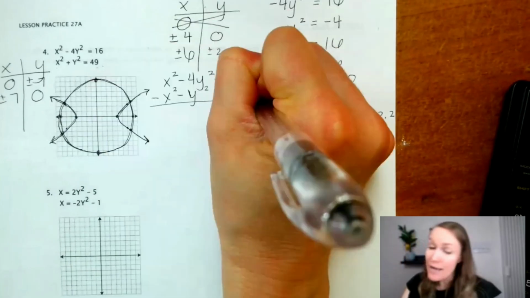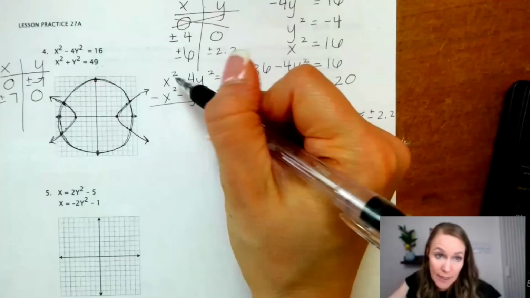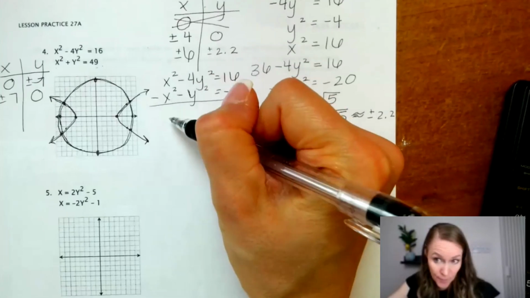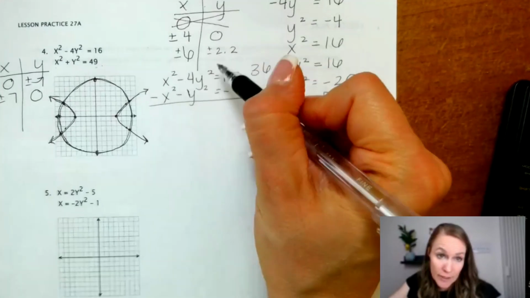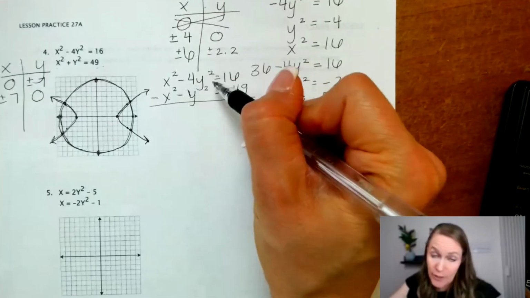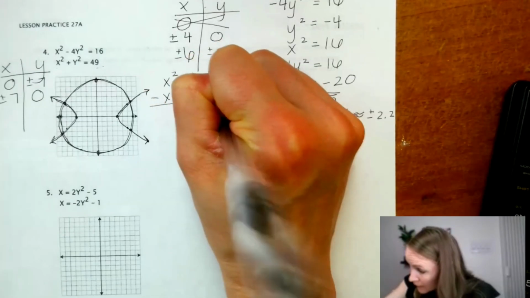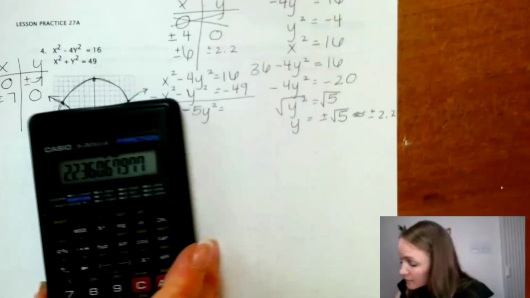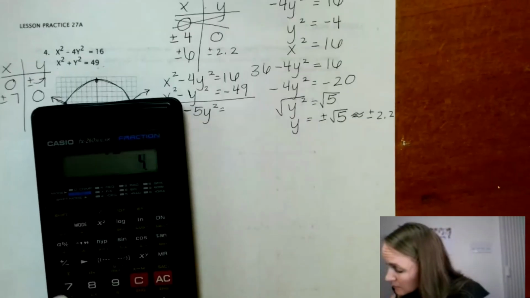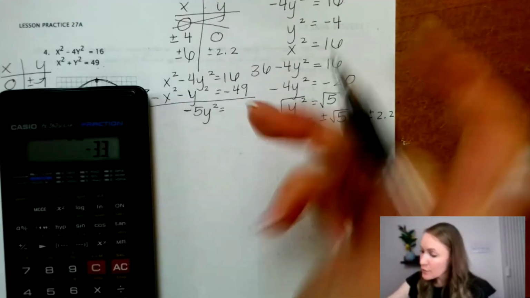Okay, so we're just going to add those together. And then x squared minus x squared goes to 0. Negative 4y squared minus y squared is -5y squared. And then 16 minus 49 is -33.